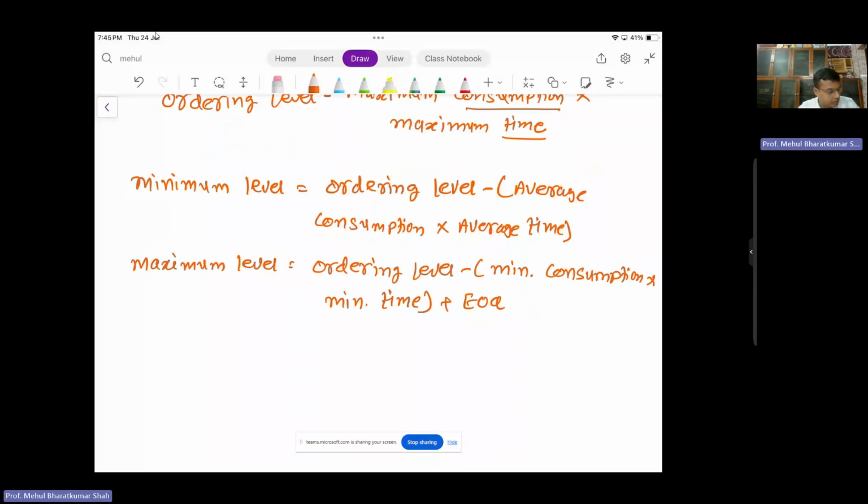Moving towards the next, it is danger level.